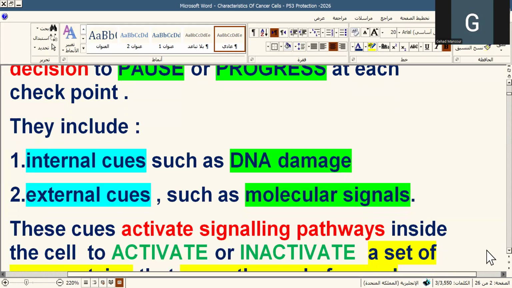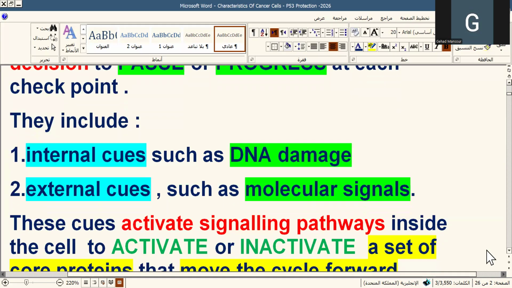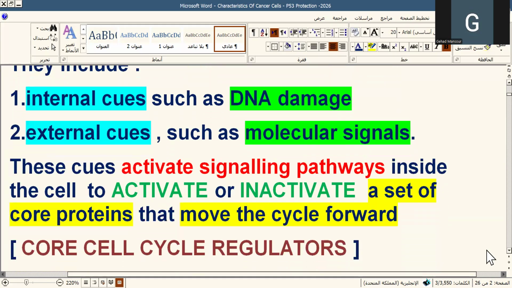The factors are many, but we are dividing them here into 2 broad categories. The first one is the internal cues. By the word cues, I mean the signals or the triggers. So the internal cues are triggers or signals coming from inside the cell. For example, if certain proteins called sensor proteins inside the cell detect abnormalities in DNA, then they will trigger arrest of the cell cycle.